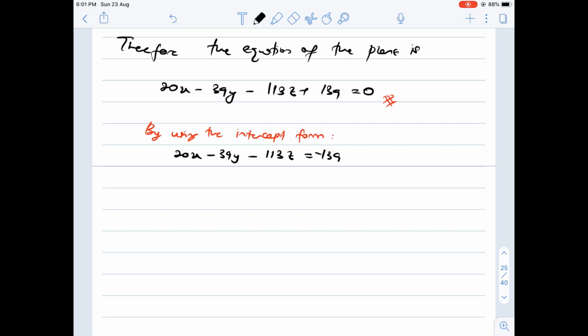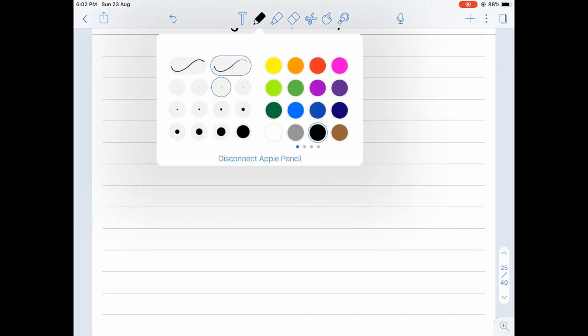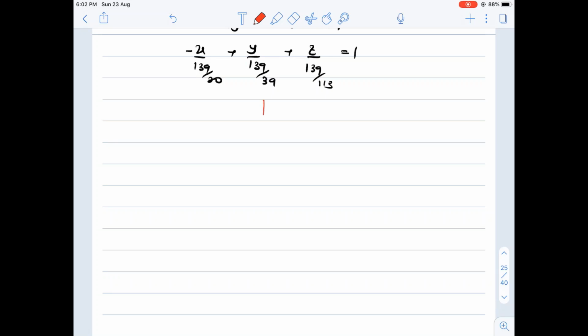So divide everything by negative 139. We have negative x over 139 over 20, minus becomes plus, y over 139 over 39, and then plus z over 139 over 113 equals 1. So negative becomes positive. Now let us sketch the axes.